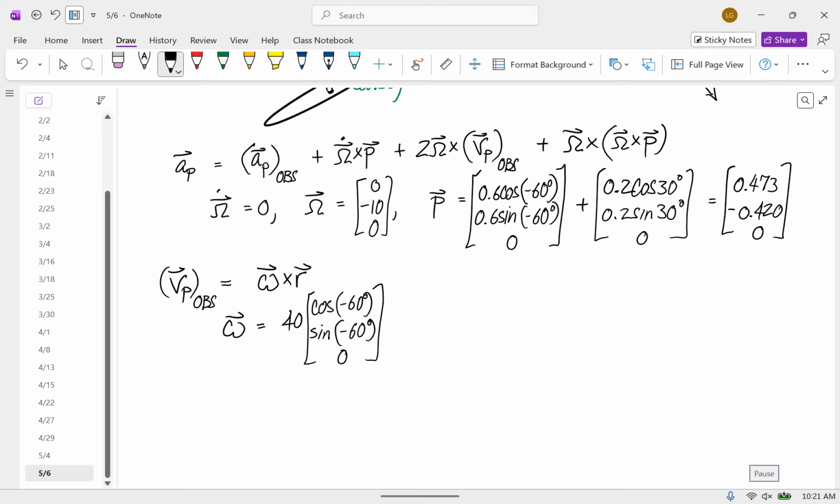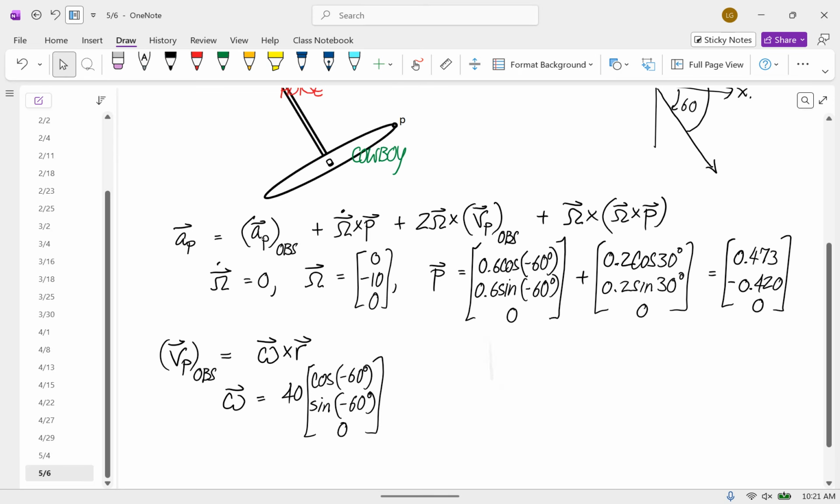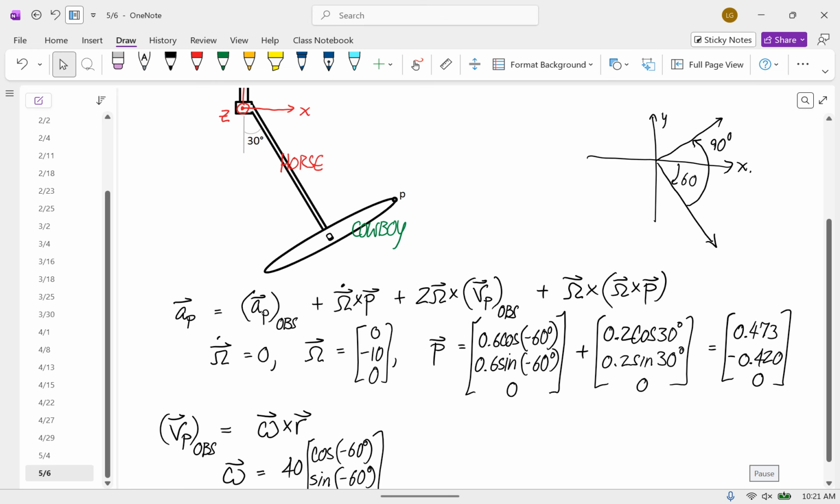Yeah, why is omega, isn't it just 40 along one axis or something? Yeah, because the definition of an angular velocity vector is the angular speed times a unit vector direction according to the right-hand rule.